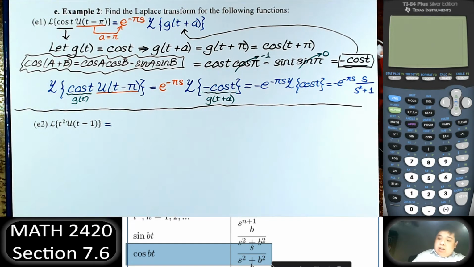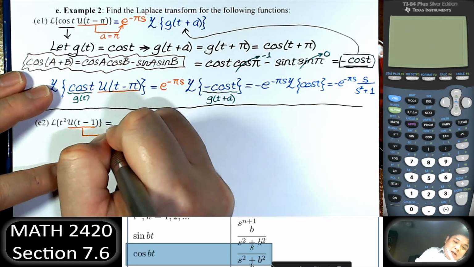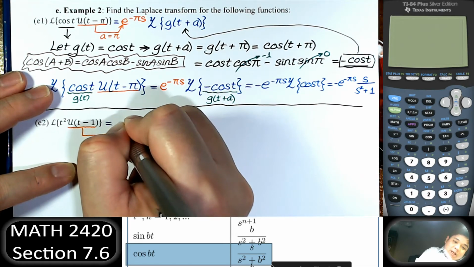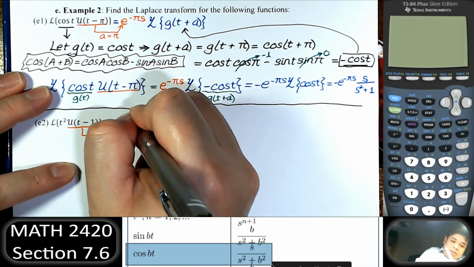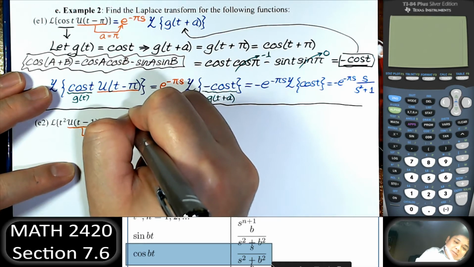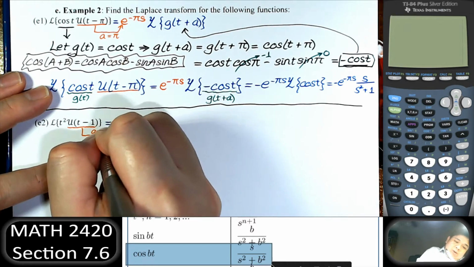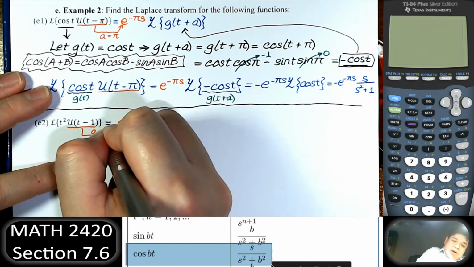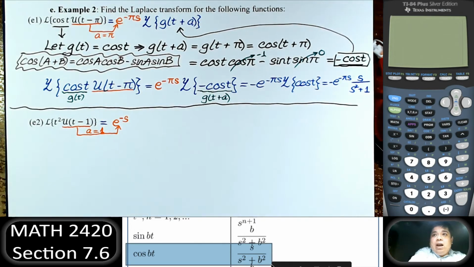Right, so first we have u of t minus 1 here, replaced as e to negative 1 s. So here a is equal to 1. Yeah, those numbers should be positive.